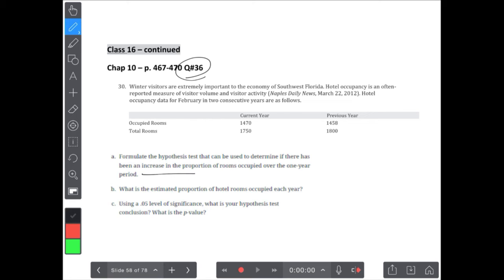Since all of these 3 questions can be answered with our 5-step procedure, I will just go ahead and do our 5-step procedure. All right, so basically the question I will answer is, is there sufficient evidence that the proportion of rooms occupied has increased over the year, okay? So my hypothesis would be that the proportion of rooms occupied has increased versus it has not increased.